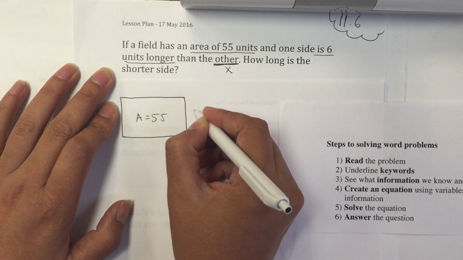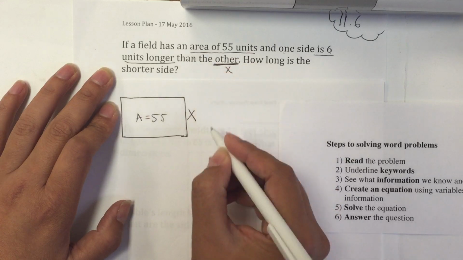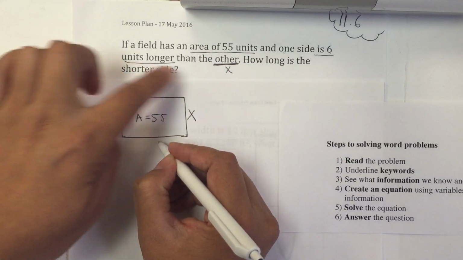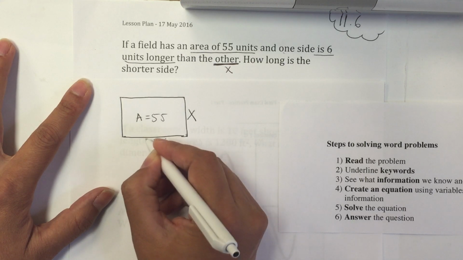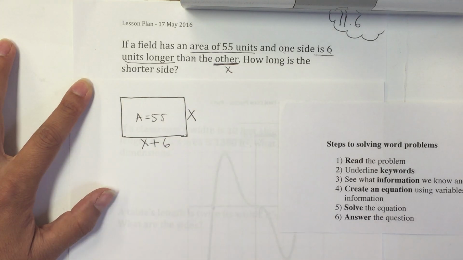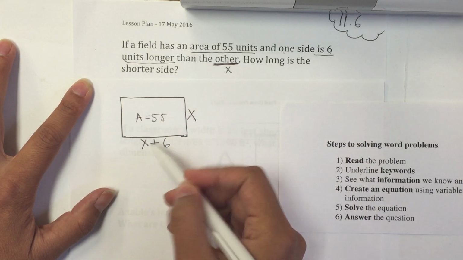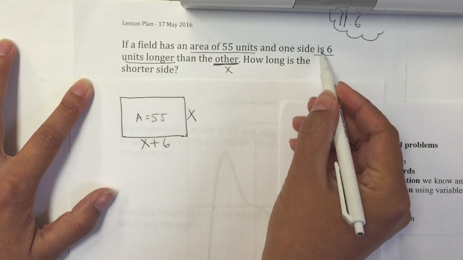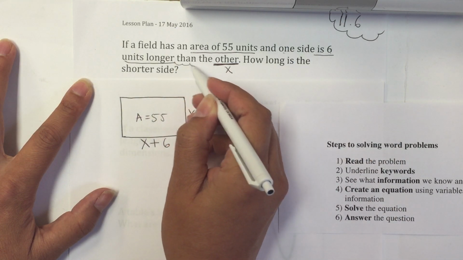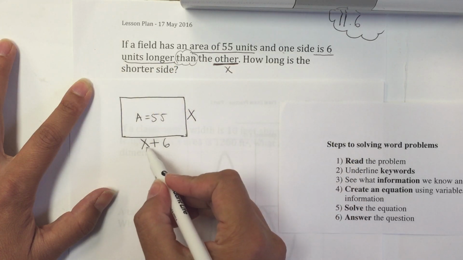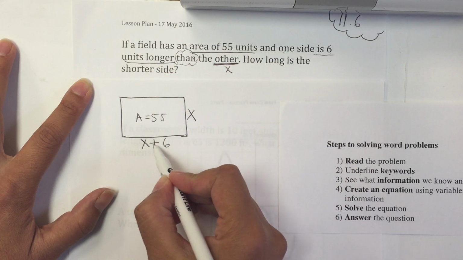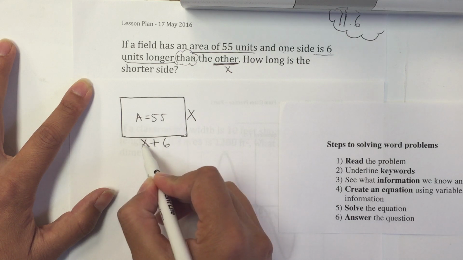So if the shorter one is x, the other one is 6 longer than the one that you're comparing it with. Notice how it's in order, but I had told you before that the word than switches the order. So 6 more than or longer than the other.